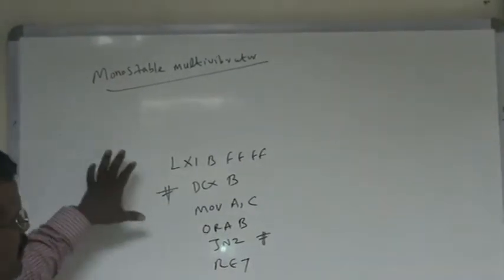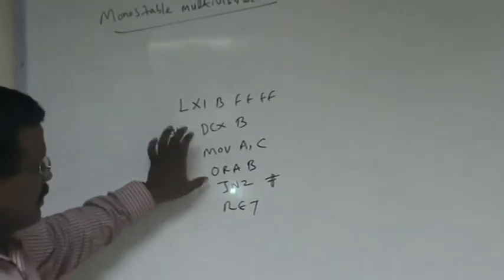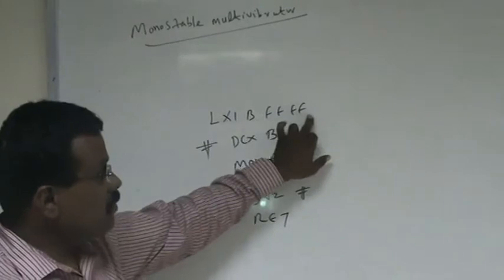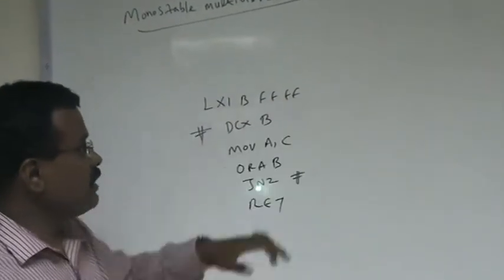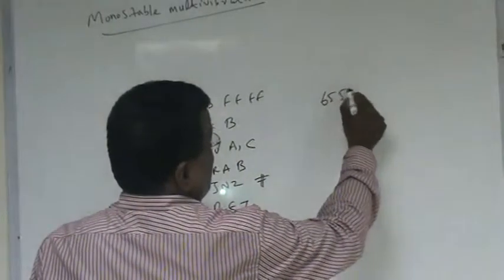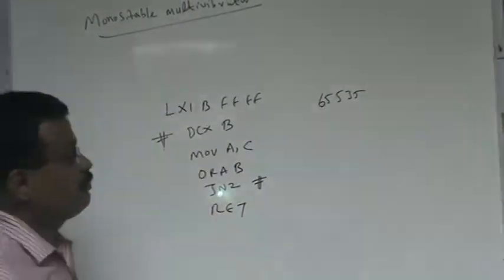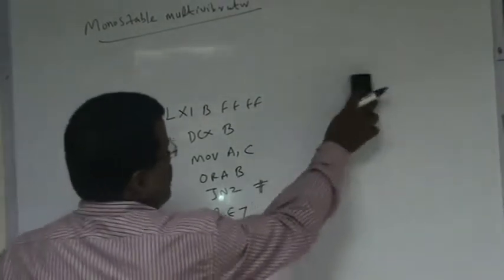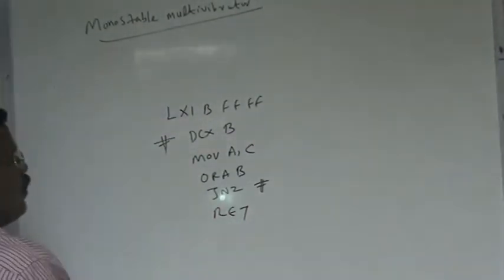Now here you can see that there are multiple instructions within the loop, and this loop is repeated. The decimal equivalent of 4FFF is 65,535. So you will get an enormous delay. Even if this delay is not sufficient, you can put a loop here.